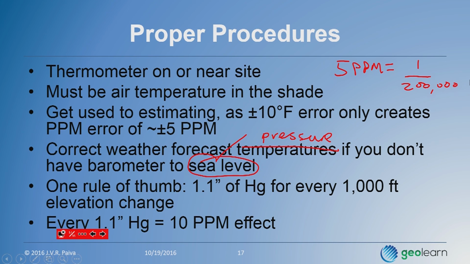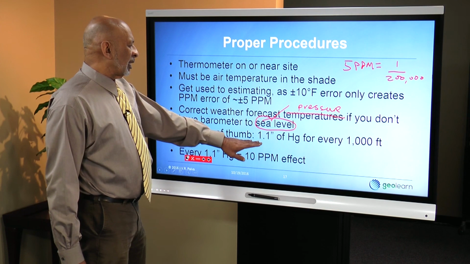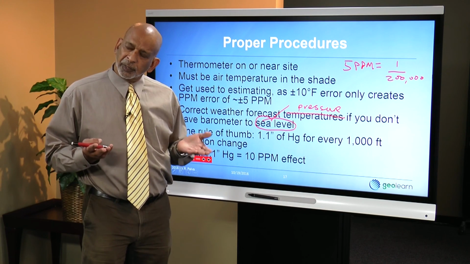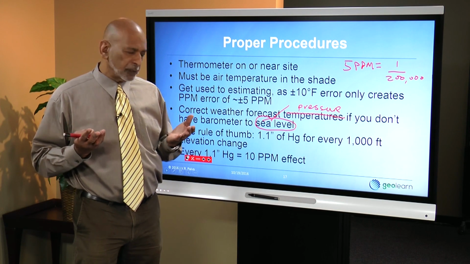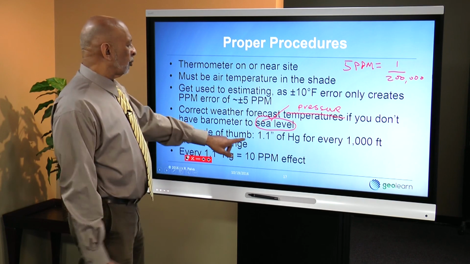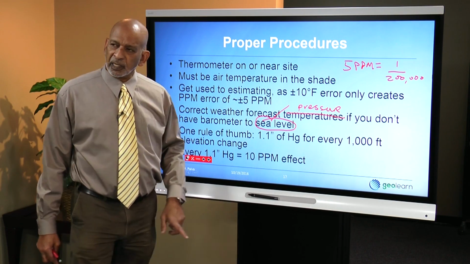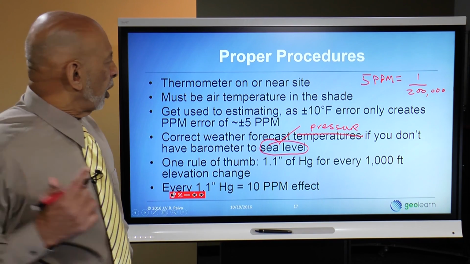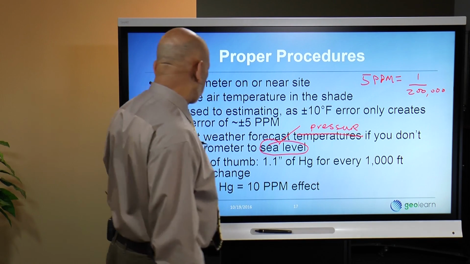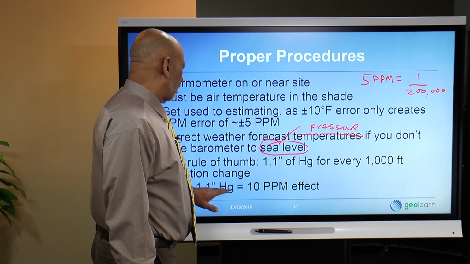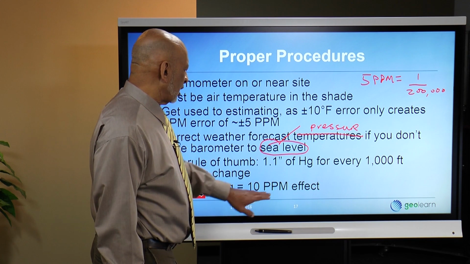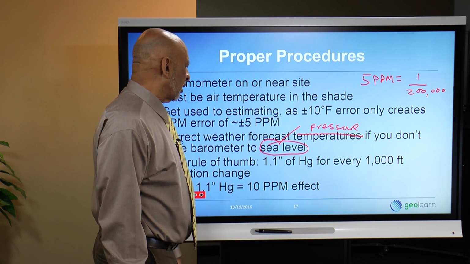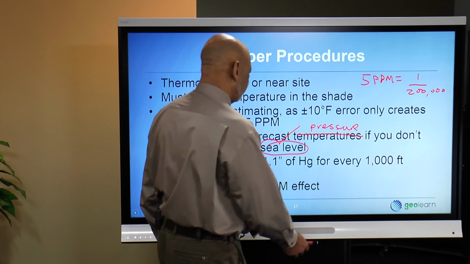There are different ways to do it. One way, if you're not too far up in elevation, is to say we will have a reduction in barometric pressure as we go up in elevation of 1.1 inches of mercury. Hg is the chemical symbol for mercury, for every 1,000 feet of elevation change. And it turns out that this 1,000 feet of elevation change will have an approximate 10 ppm effect.